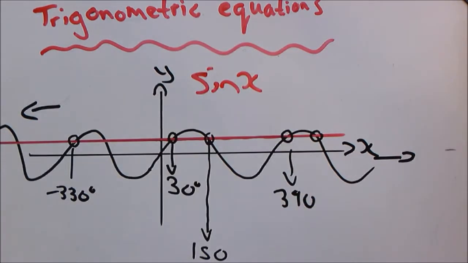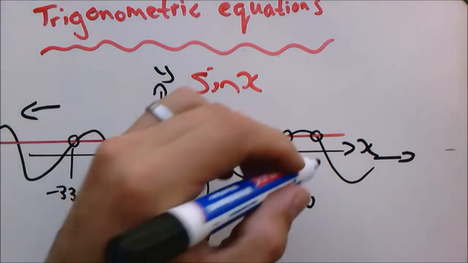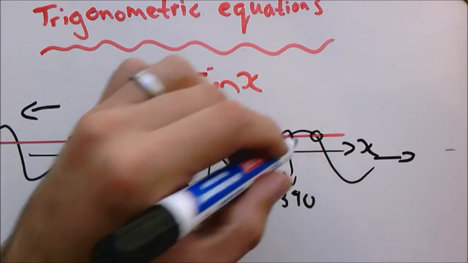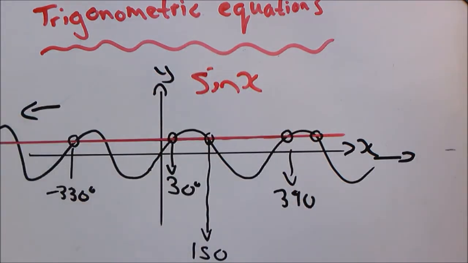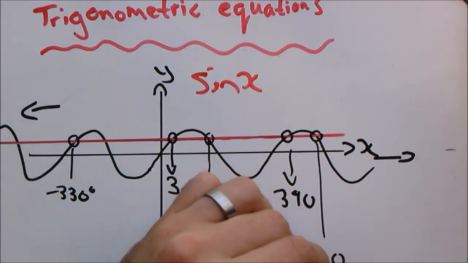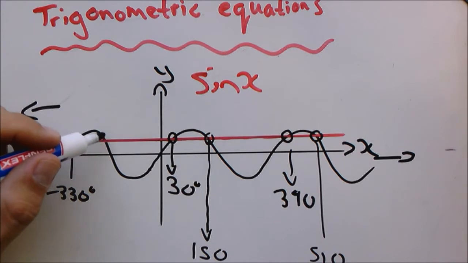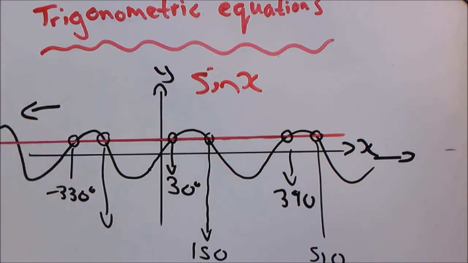So 150 plus 360 is 510. You'll have another answer there, and if you go in the opposite direction, over here, you'll have another answer. And as you can see, you've got an infinite amount of answers. And this is why it is needed for us to have something called a general solution and a specific solution.